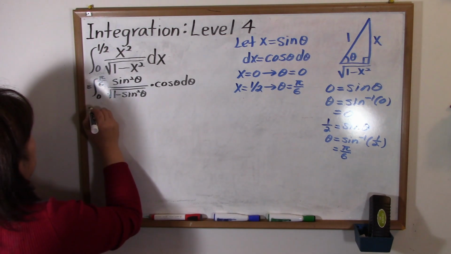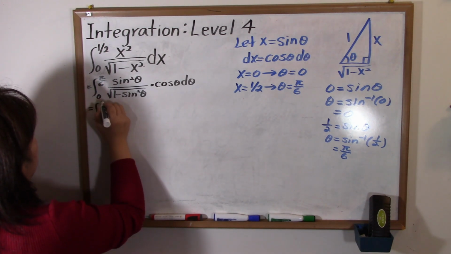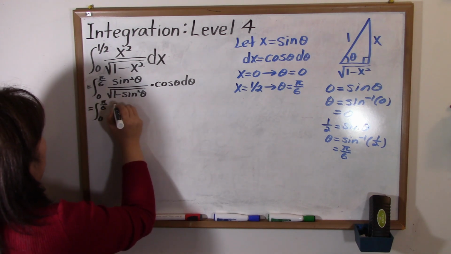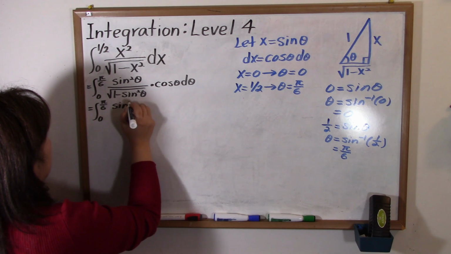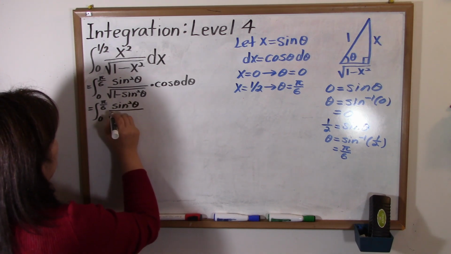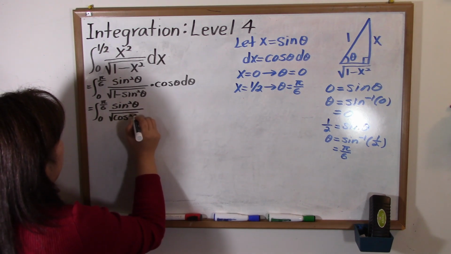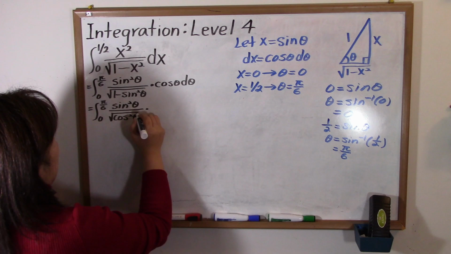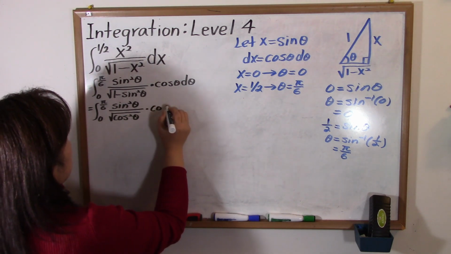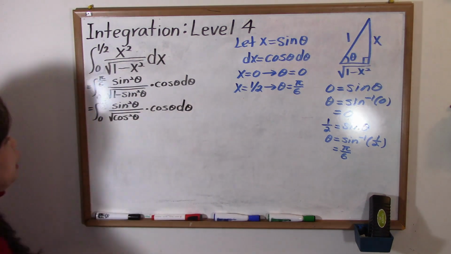So it is equal to the integral from 0 to pi over 6 of sine squared theta over the square root of cosine squared theta times cosine theta d theta.